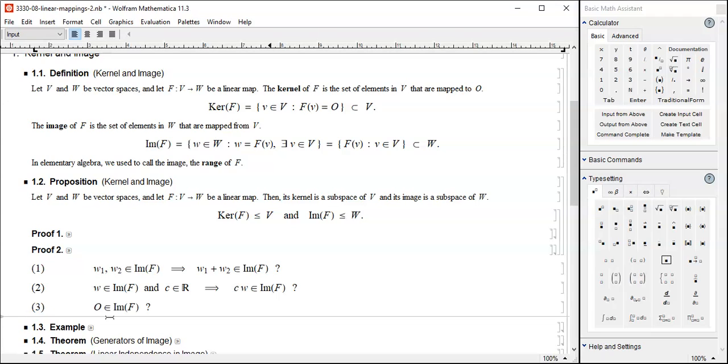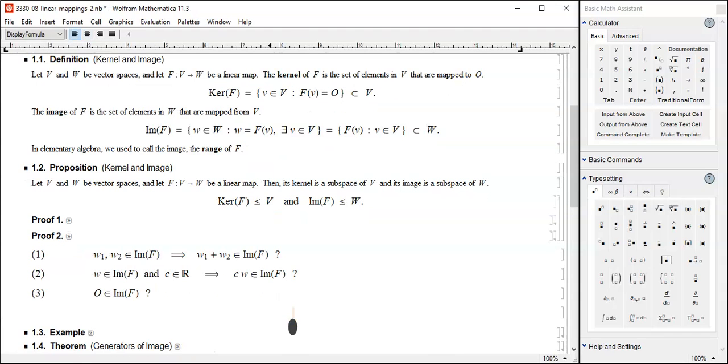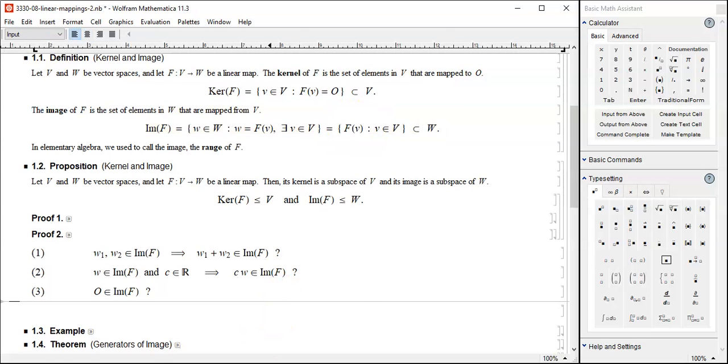Okay, which is easiest? The easiest, of course, is the third one, zero vector. So let's begin with that. Does the zero vector belong to the image? What do you mean by image? It's a space of function values or image vectors. So f of zero vector is, as a matter of fact, the zero vector.